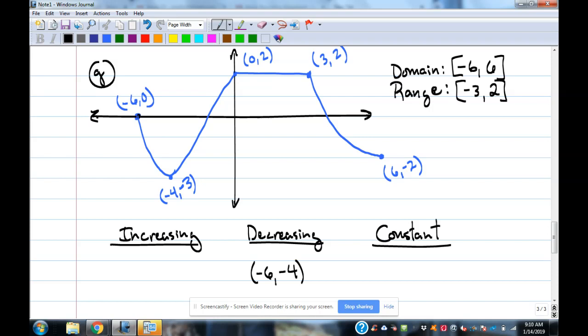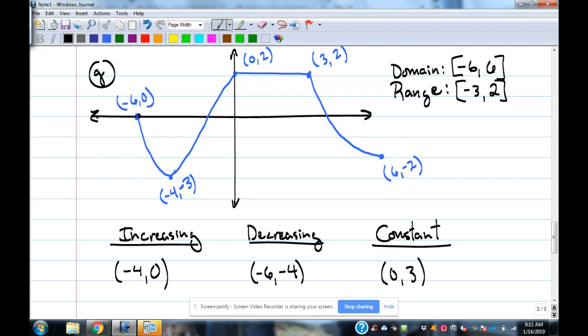From -4, what's it do now? Increasing until I get where? To 0. The increasing interval from -4 to 0. And what's it doing at 0? It's constant until I get to where? 3. 0 to 3.